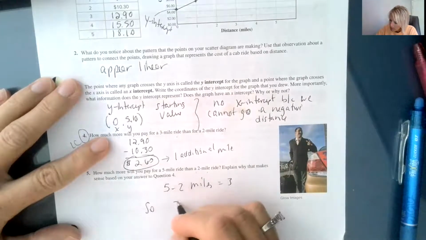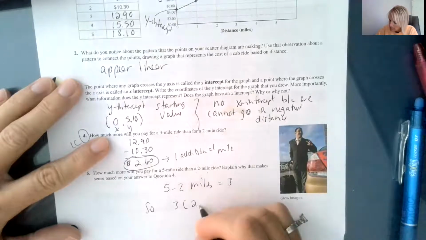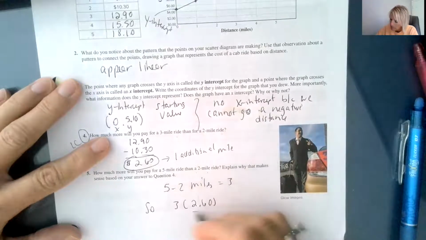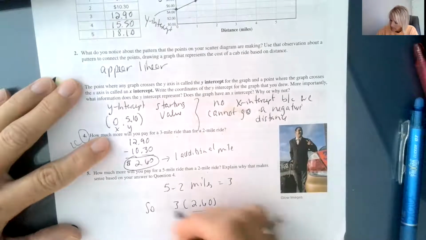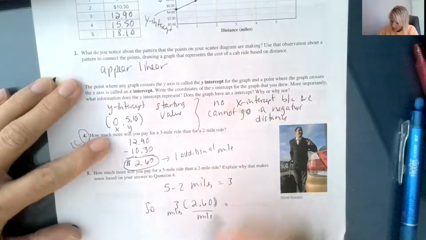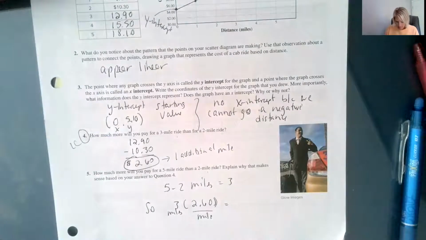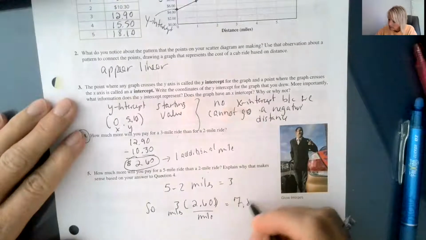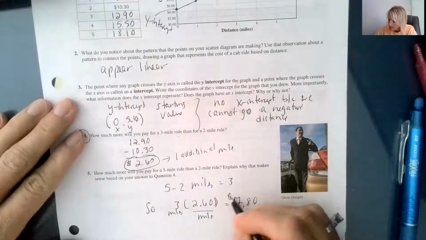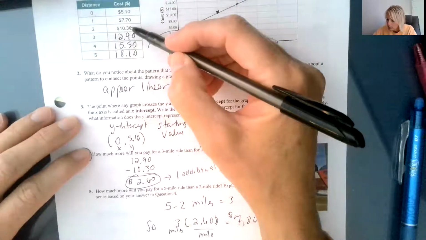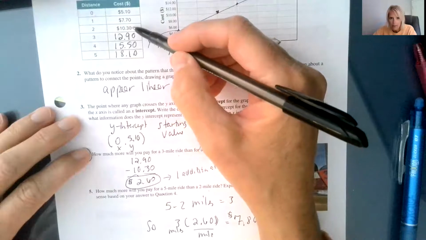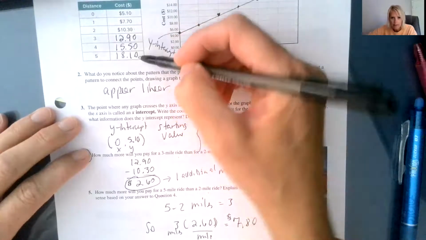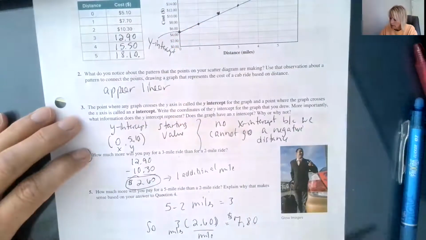So 3 miles times the $2.60 per mile says that our additional cost should be $7.80 to go from mile 2 to mile 5. And if you add $10.30 and add $7.80, you would get to $18.10.